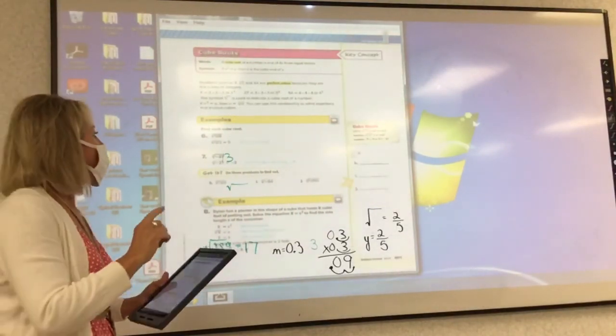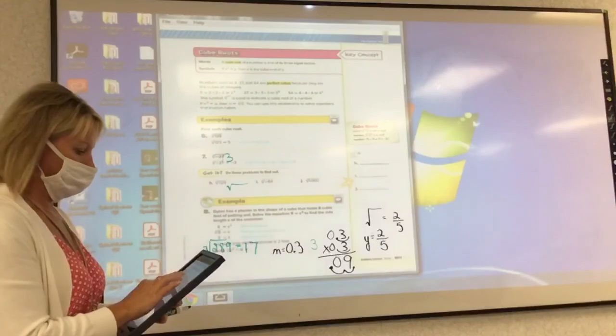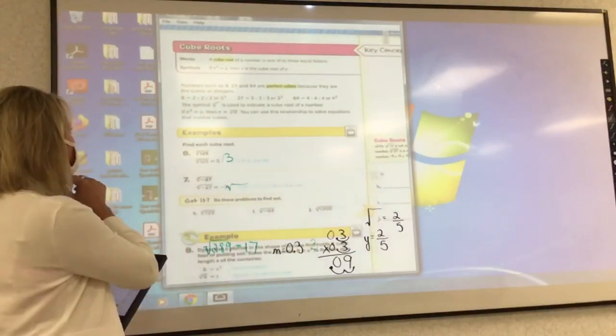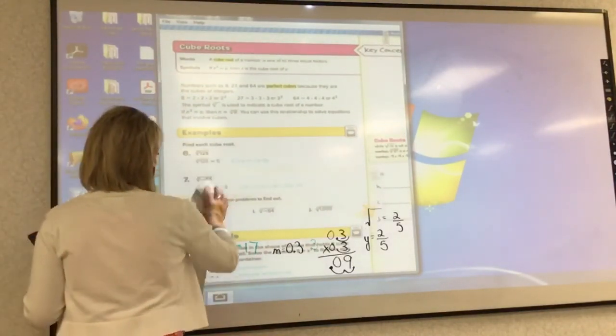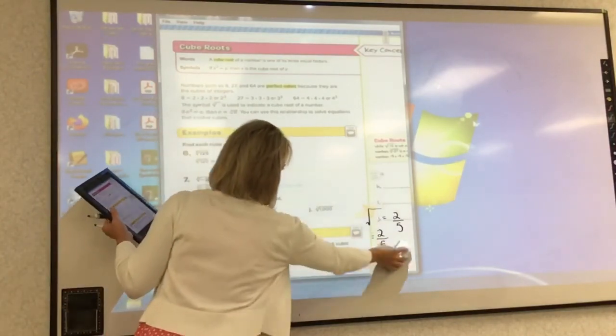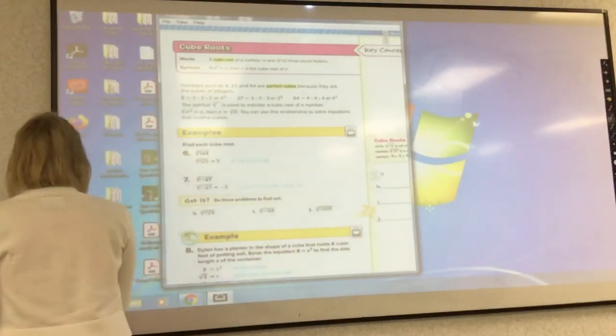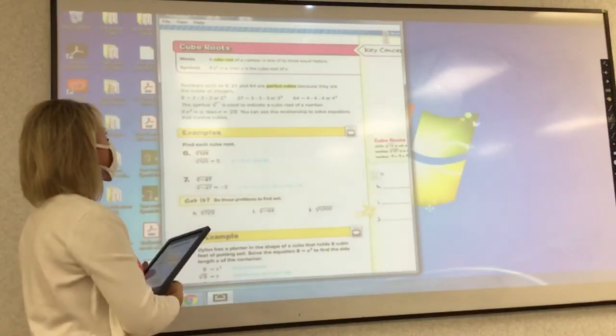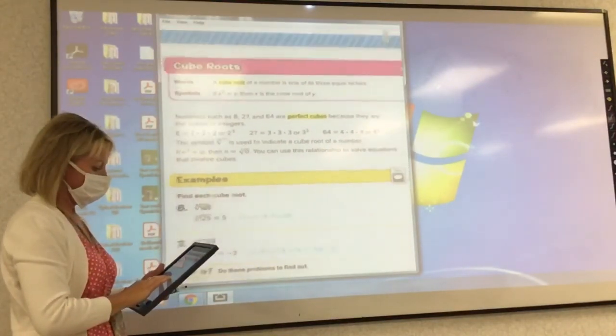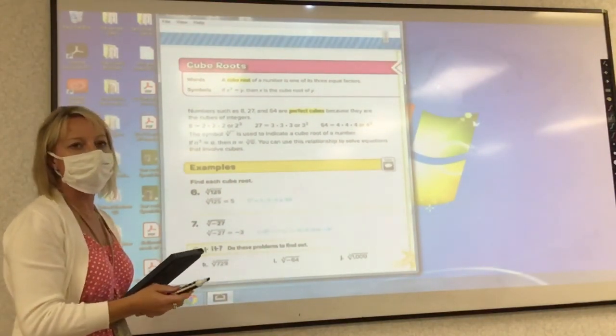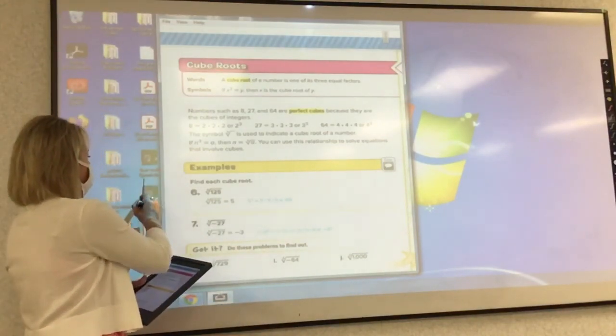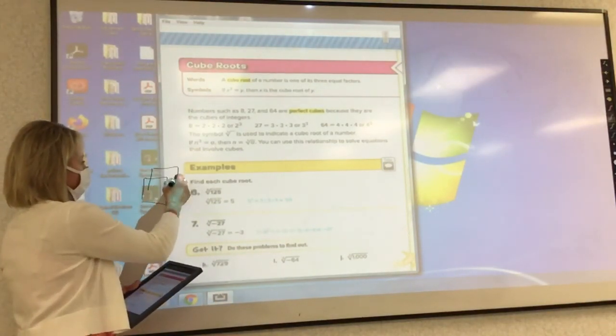All right, looking at the next page. If we couldn't get any harder with all of those squares and decimals, now we're going to say we have stuff that is cubed. Think of a cube. If I have a cube, I'm going to draw one here.